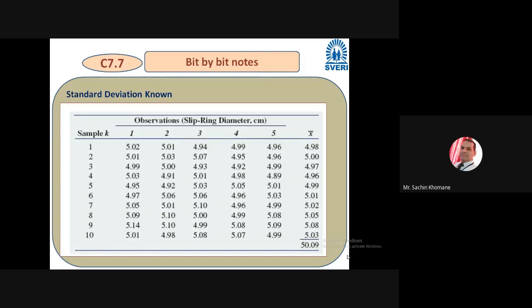Now, if you have 5 samples with you, now you have to find the mean. So how to calculate the mean? Arithmetic mean, you can say. Just make the addition horizontally of all the readings. 5.02, 5.01, 4.94, 4.99, 4.96, 4.98 will be the X bar.